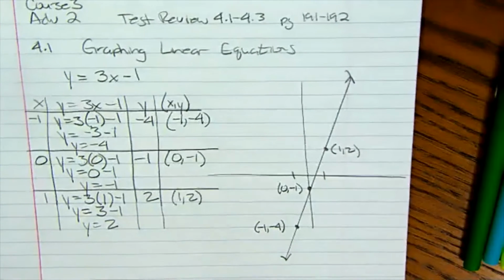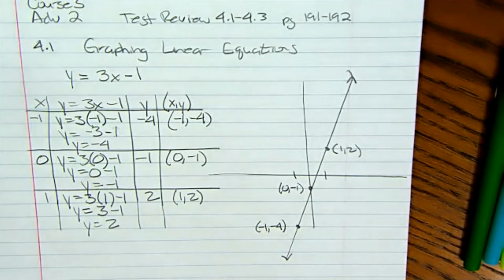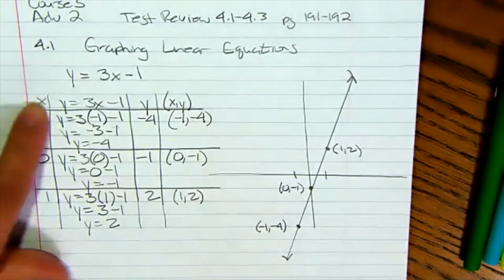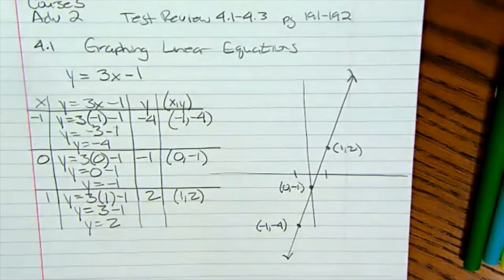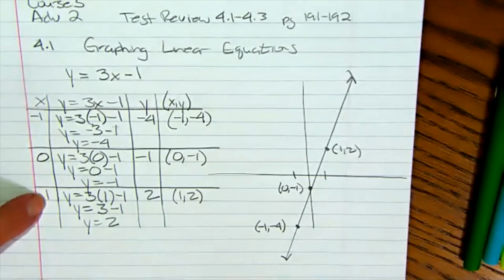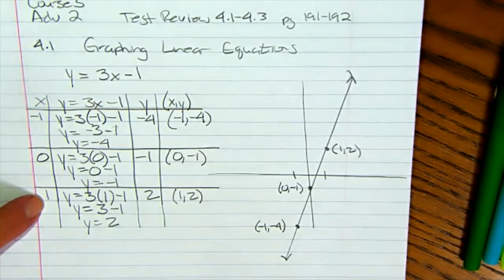Boom, done. So when they ask me to graph a linear equation, I need to create my table, x, with the equation y, and it will give me an ordered pair, x, y. I need a negative, a 0, and a positive. I'm going to pick numbers that are easy to work with.